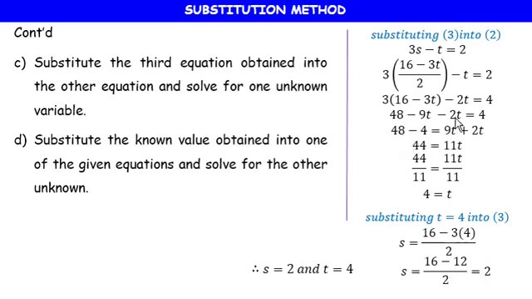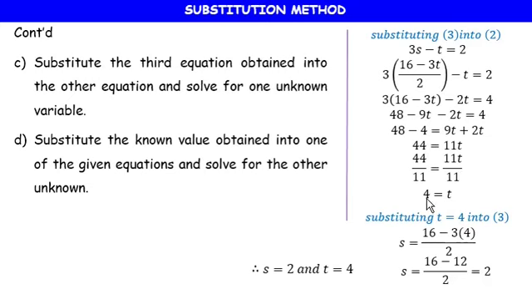So we have 48 minus 4, so we bring this 4 here, it becomes negative. 48 minus 4 is equal to, now we send this negative 9t to the right side, so it becomes positive 9t, as well as this negative 2t, so it also becomes positive 2t. So we're going to have 44 is equal to 11t. We divide both sides by 11, and our t is equal to 4.